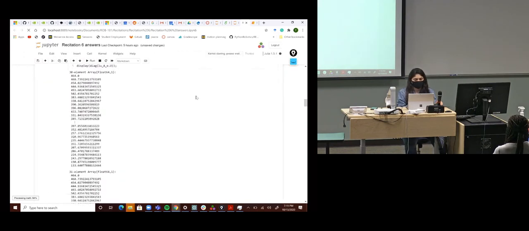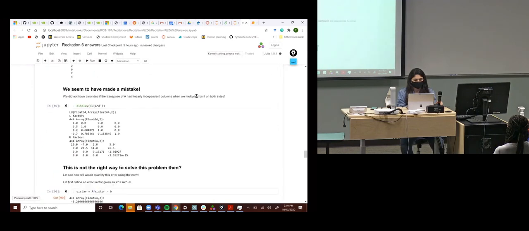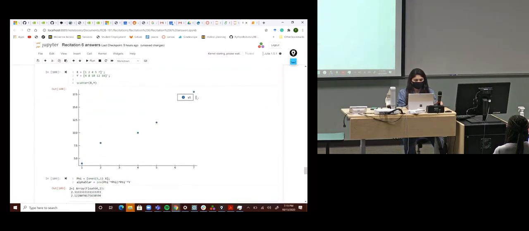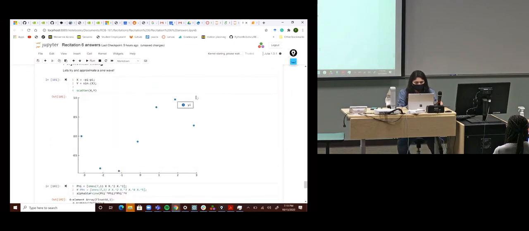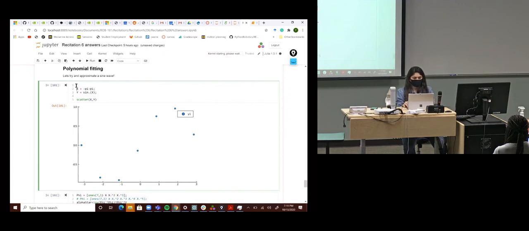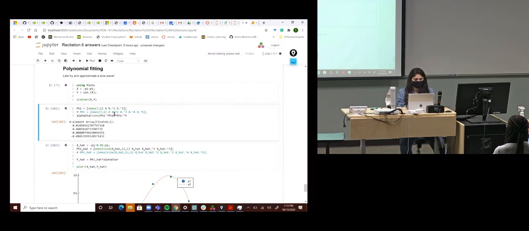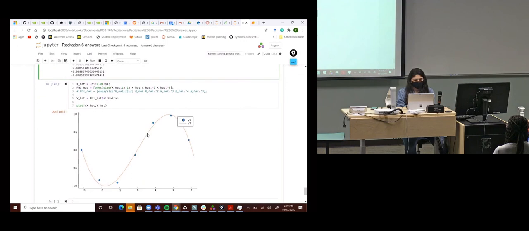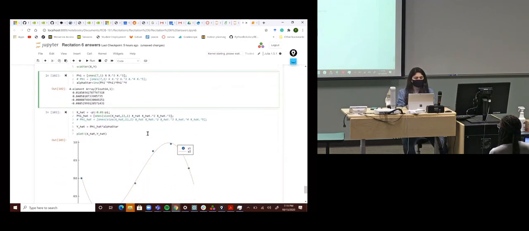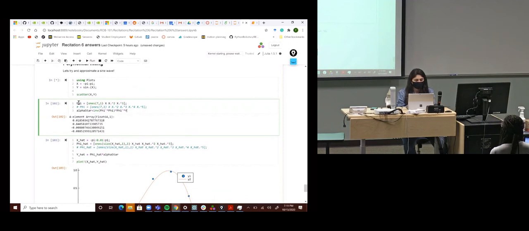Let's just go all the way back there. So we were here, polynomial fitting. So what it does is, I'm going to define the phi.